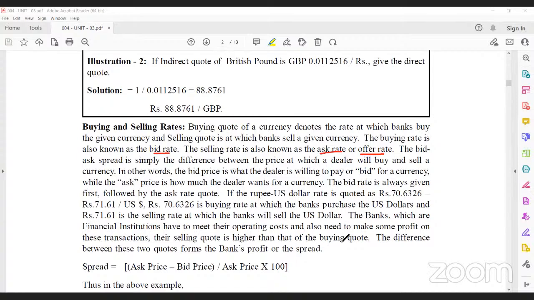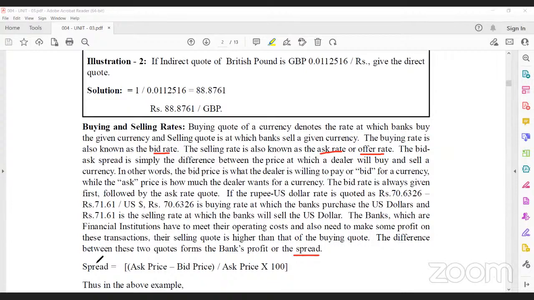Therefore, the selling quote is always higher than the buying quote. Hence, the difference between these two quotes forms the profits of the bank. In the language of international financial management, we call this a spread.